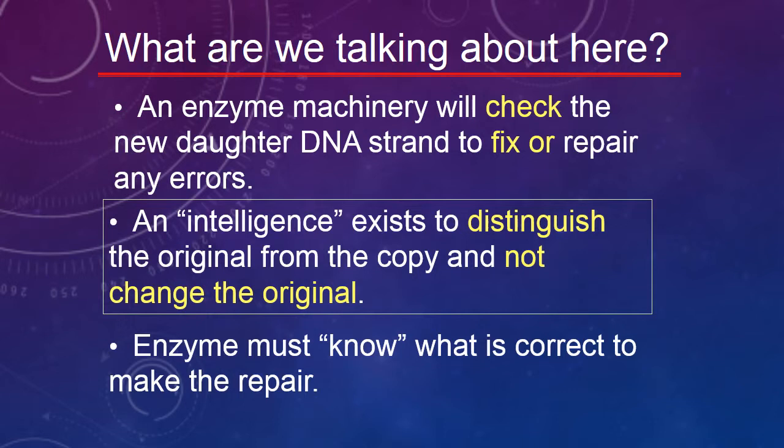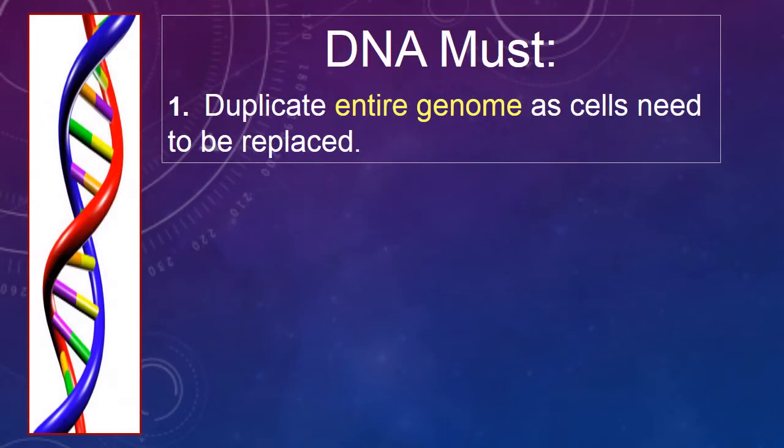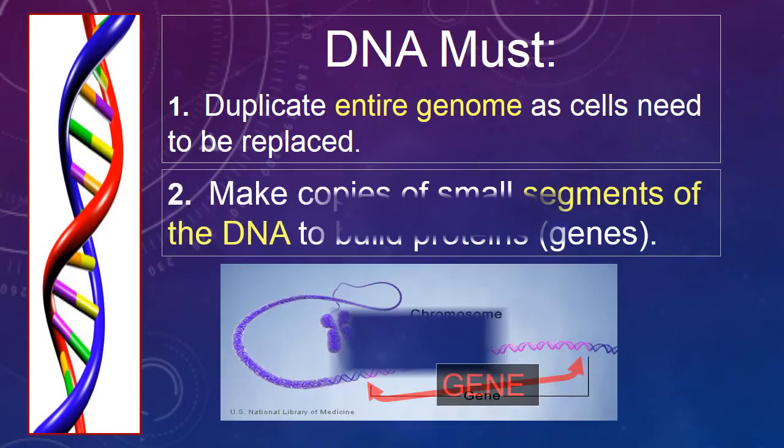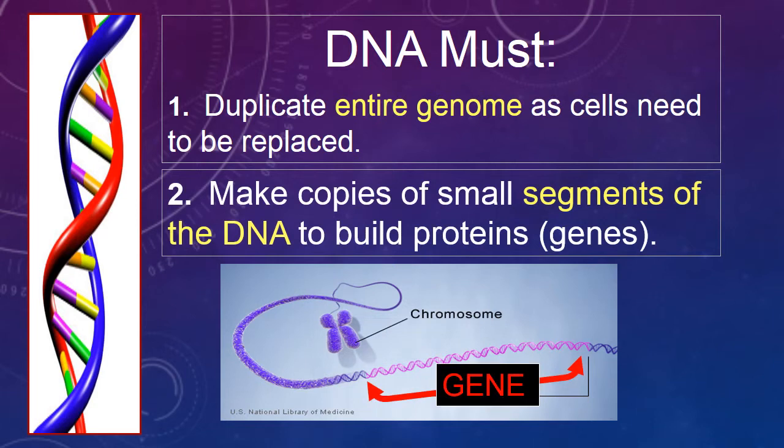Incredible layer there. Now the DNA must duplicate its entire genome as cells need to be replaced. But in order to build proteins, it must also make copies of small segments of the DNA. And that's what's known as our genes. And all of our traits come from these genes.